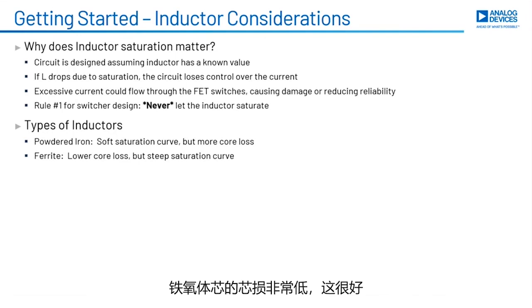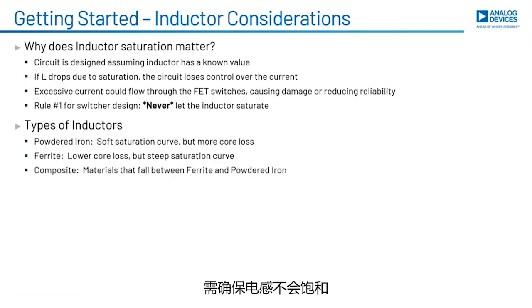Ferrite cores have very low core loss, so that's great, but they can have a very steep saturation curve. So you have to be very careful about what's the maximum peak current that my design might see under worst case conditions. You want to make sure you don't saturate the inductor.